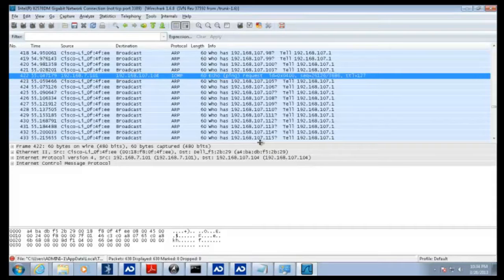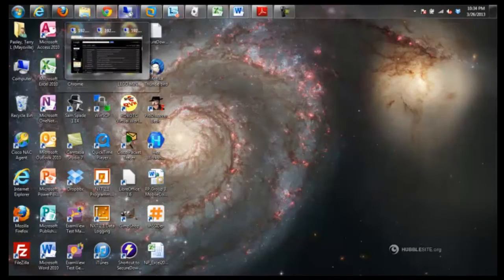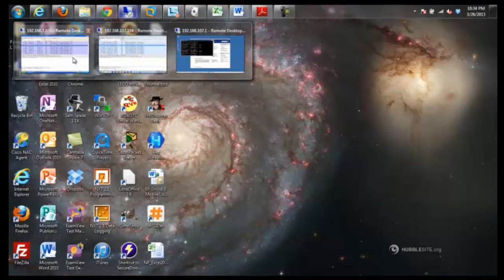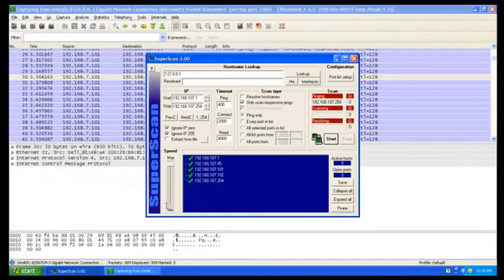So, for example, in this case, if you look back over on the network that was actually running the ping sweep, SuperScan thinks there's a computer at 204.